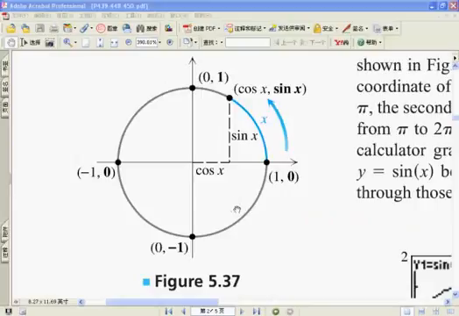Let's go back to this figure. We know x and x plus 2 pi, or plus 2k pi, have the same initial side and the same terminal side, right?